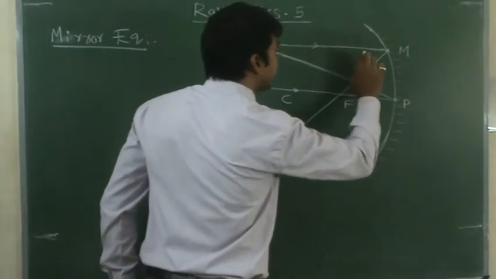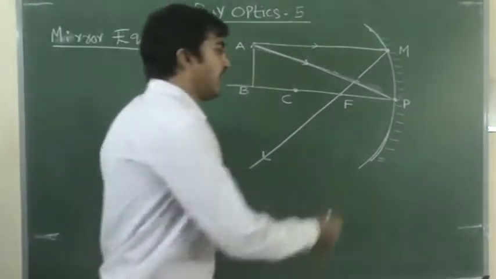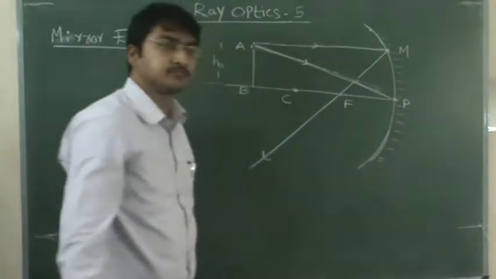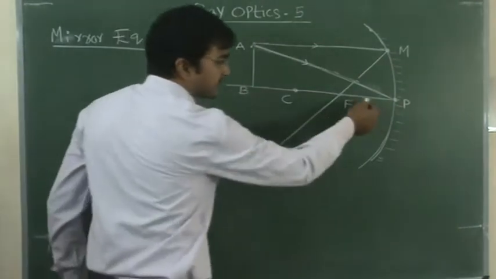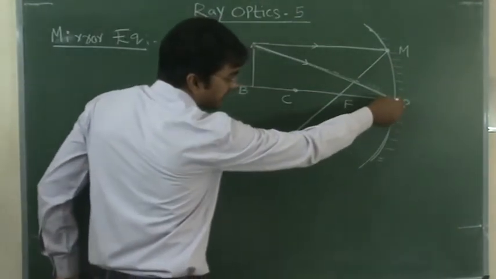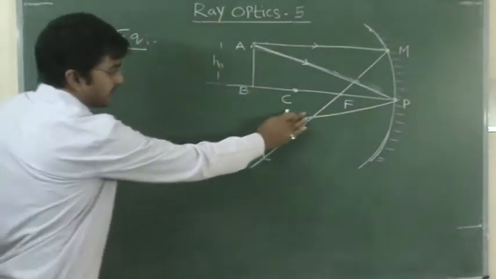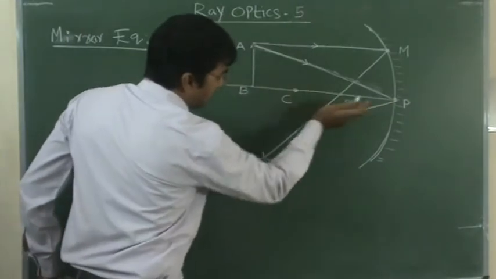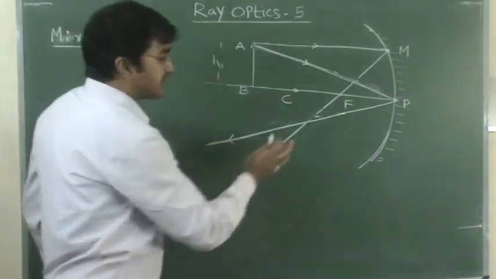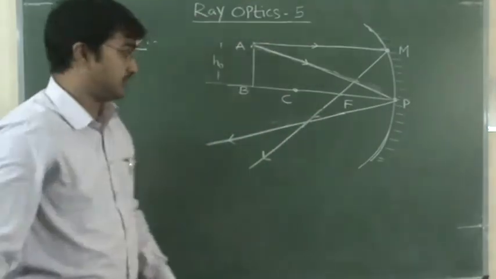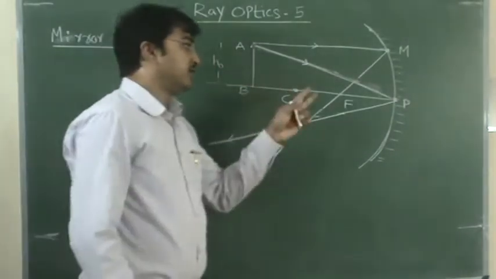The second ray is incident with some angle theta. You know that the angle of incidence equals the angle of reflection, measured from the normal. It will pass like this, and this is the reflected ray from P. Both meet at a particular point.